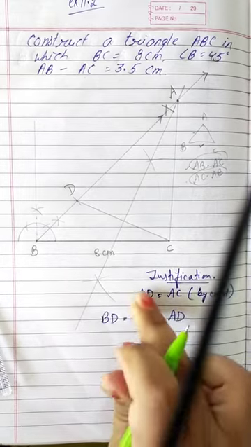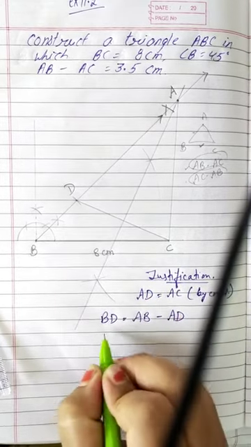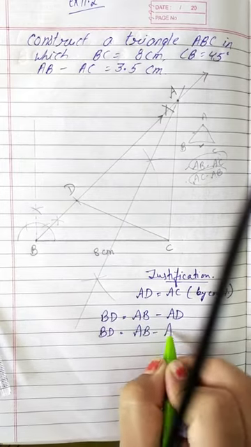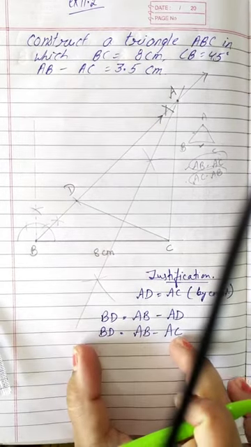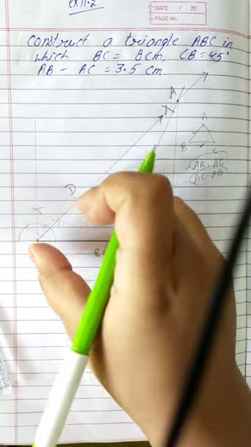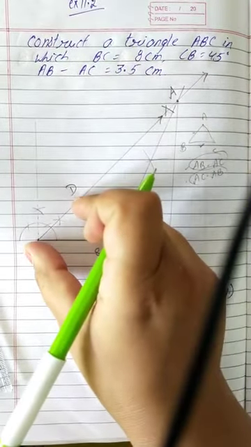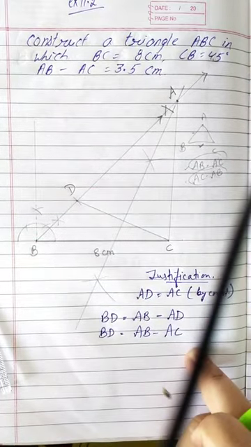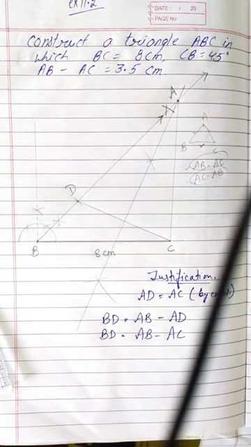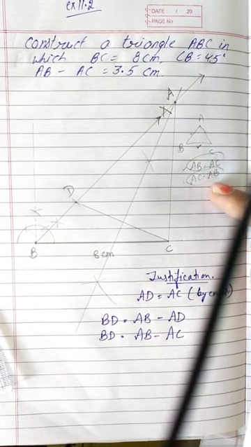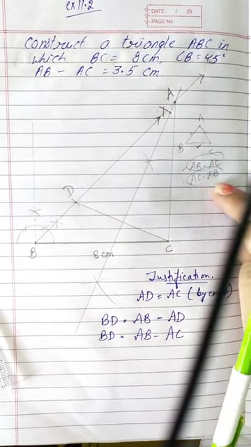So instead of this AD we can write AC. So BD is equal to AB minus AC. Hence we have justified why we chose BD as the difference, AB minus AC, 3.5, which we wrote as BD. So this is our justification. Hence justified.